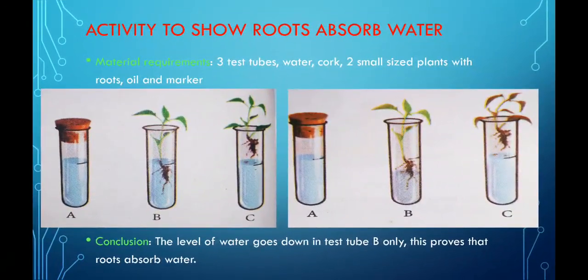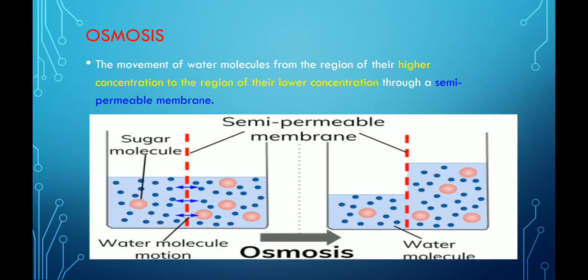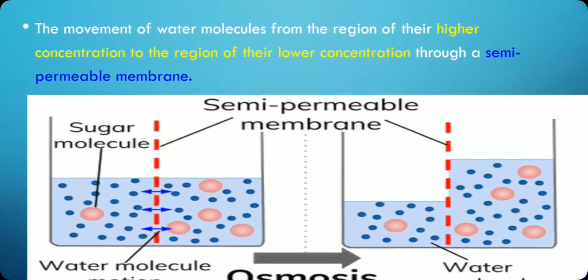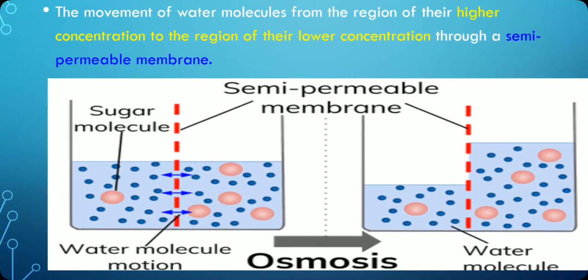Yes. So what was our next question? Osmosis. Osmosis is a process in which movement of water molecules takes place from their higher concentration to their lower concentration. So higher concentration to lower concentration means what?